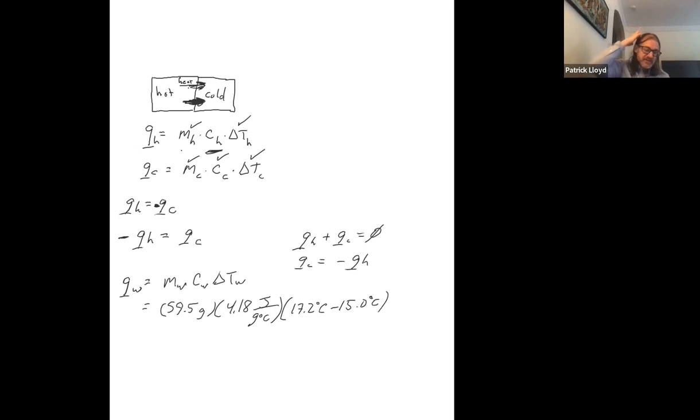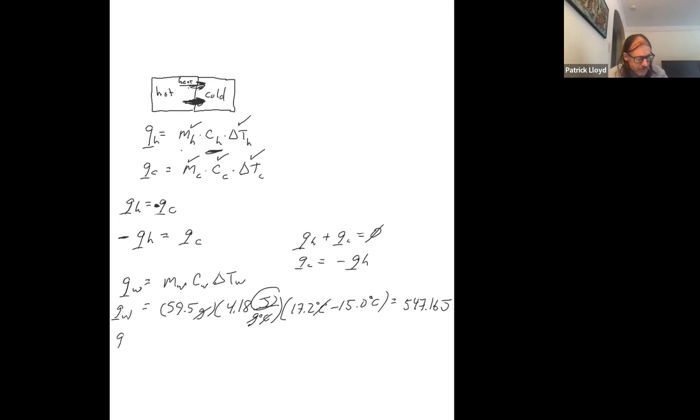So that's a difference of 2.2 for the water. So 59.5 times 4.18 times 2.2. So you get 547.16 joules. Why joules? Degrees C cancel, grams cancel, joules. So that's how much heat went into the water.